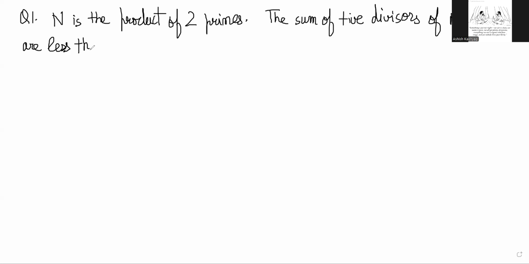The sum of positive divisors of capital N that are less than n is 2014. Find n.